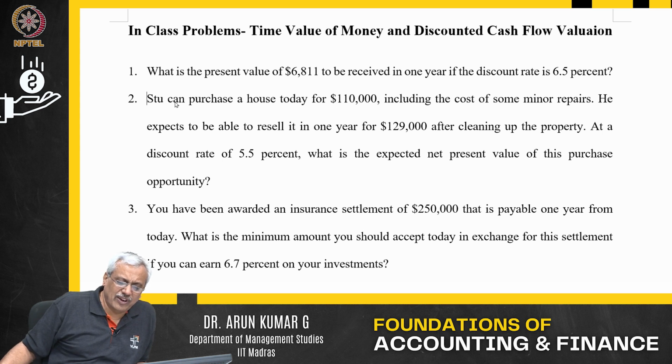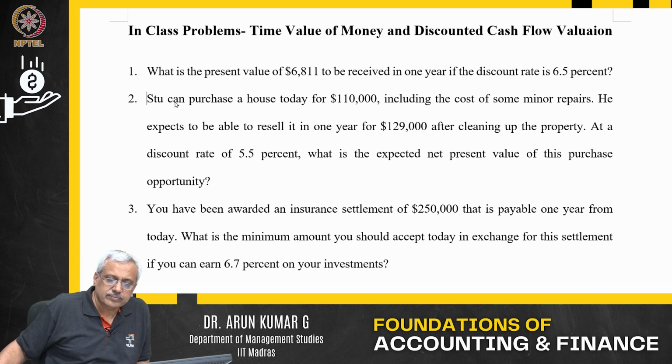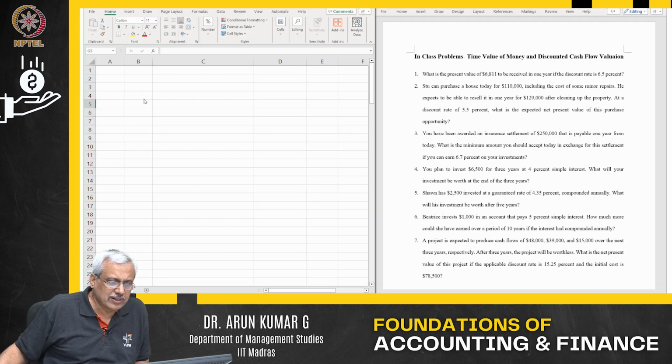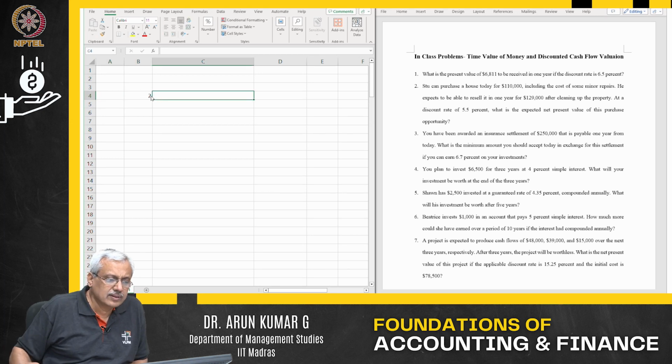At a discount rate of 5.5%, what is the net present value of this purchase opportunity? Let us look at problem number 2.